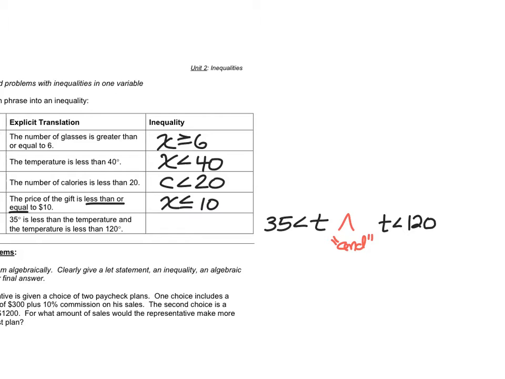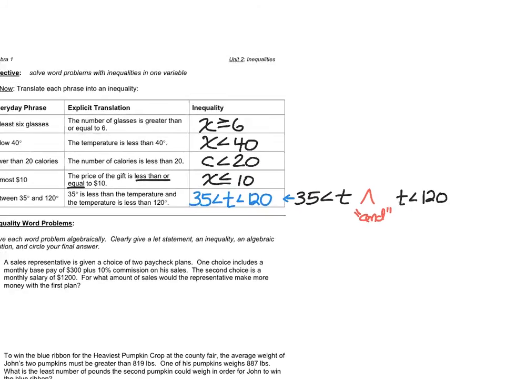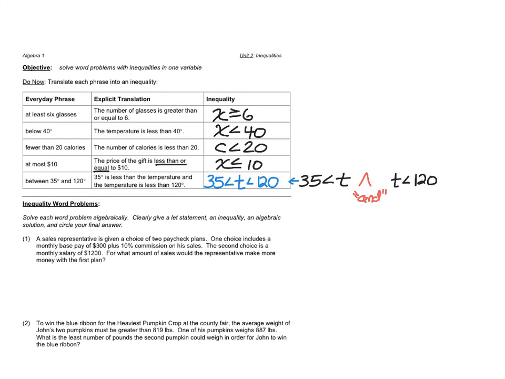You could merge it together and make it a single inequality where 35 is less than T, which in turn is less than 120. All right, so they mean the same thing, but obviously one's a little bit more concise than the other.